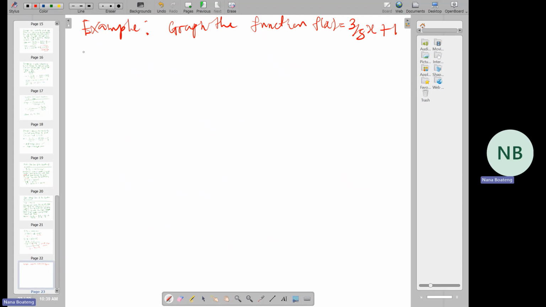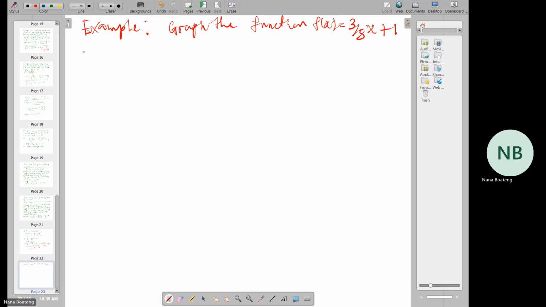B here is 1. If you compare this to y is equal to mx plus b, our y-intercept b is 1 here. All right, and the next thing is we are going to use the slope, rise over run, to trace the point.